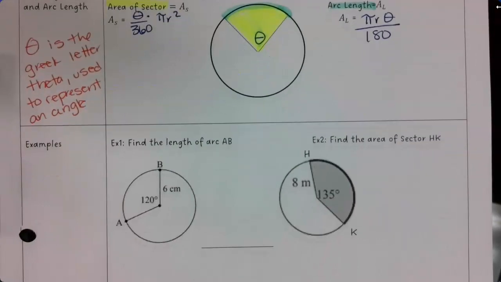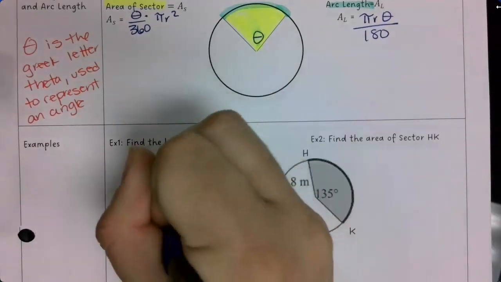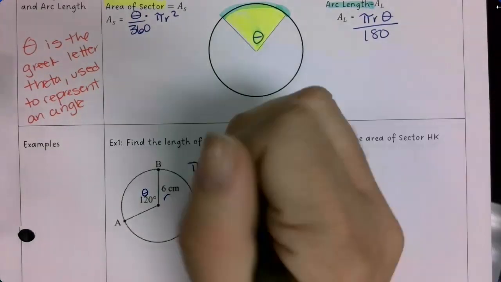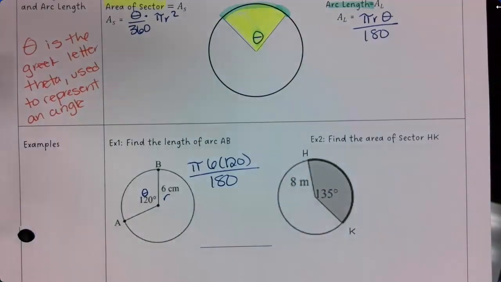Okay, so number one wants me to find the length of the arc of AB, so that is this formula right here. I'm going to have pi, my radius is 6, and my angle is 120, so I'm going to have pi times 6 times 120 over 180.